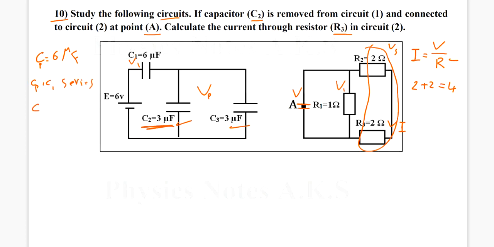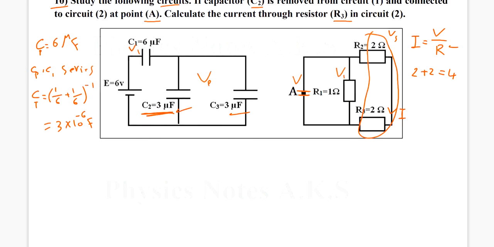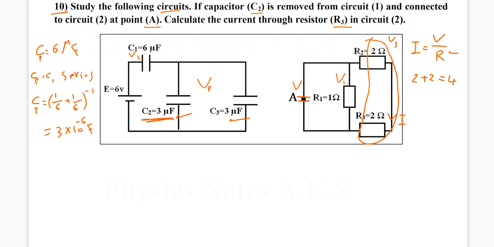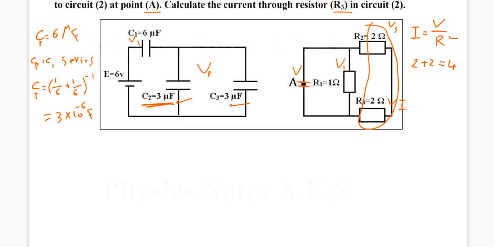Okay, now the C parallel and the C1 are in series. So I can find the C total, which is going to be 1 over 6 plus 1 over 6, to the power negative 1, which is 3 microfarad, which is 3 multiplied by 10 to the power negative 6 farad. I found the total capacitance. What I'm going to do with this total capacitance, I use it to find the total charge.